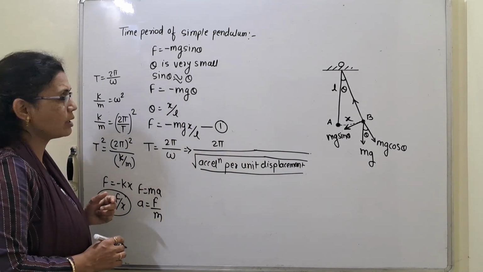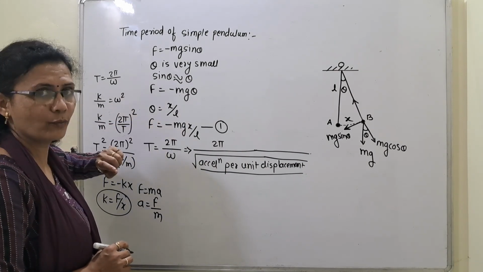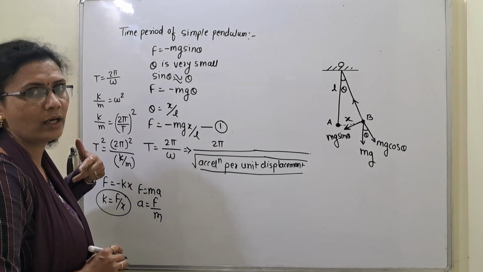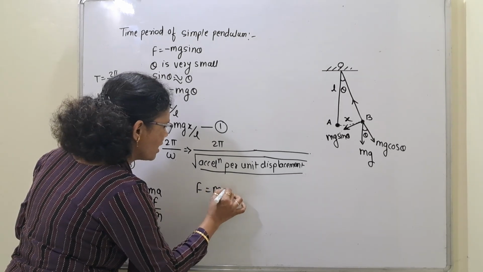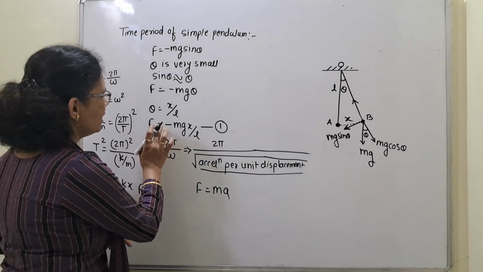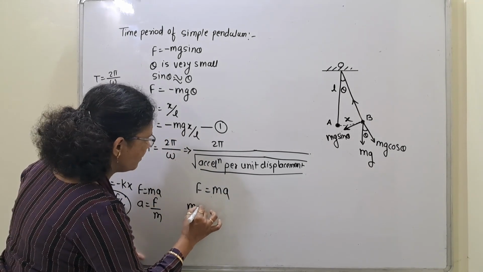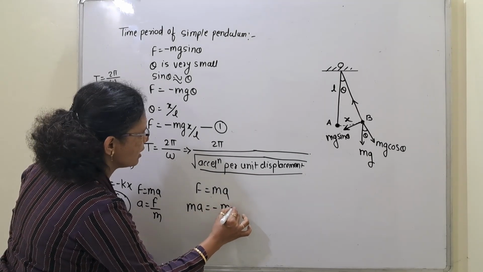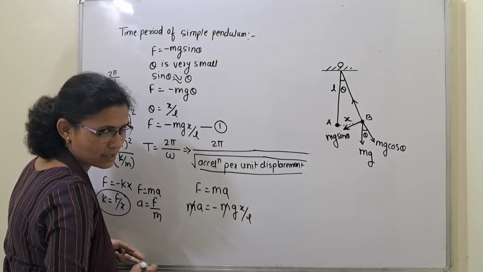How we can find out? See, this is the force minus mgx upon L. We know another formula for force, that is F is equal to ma, mass into acceleration. So I can equate this mass into acceleration to this force, that is ma is equal to minus mgx upon L. m gets cancelled.